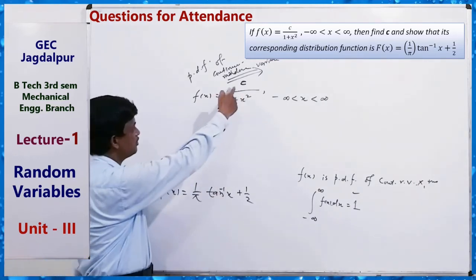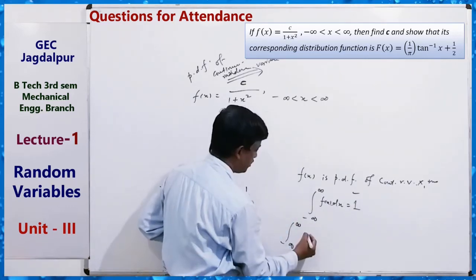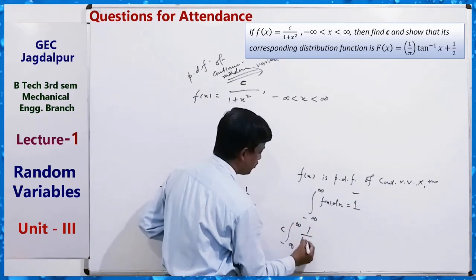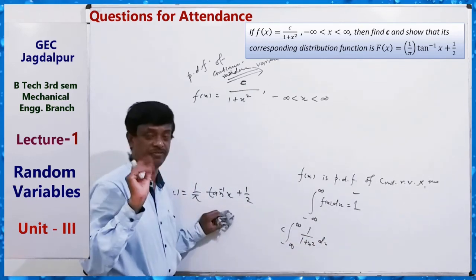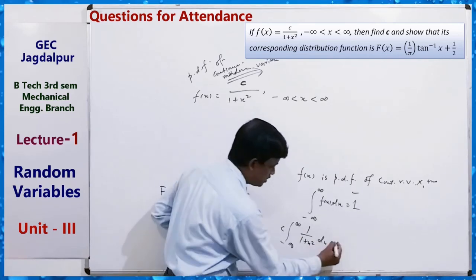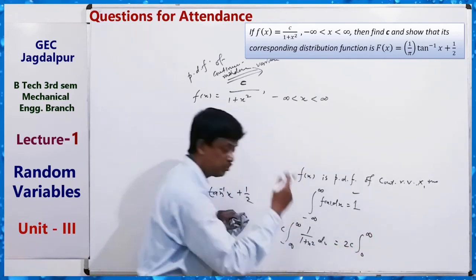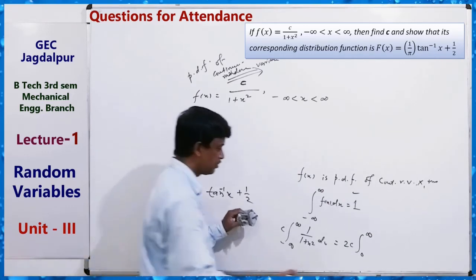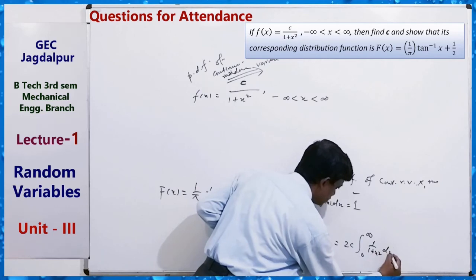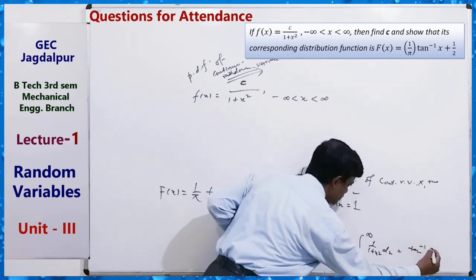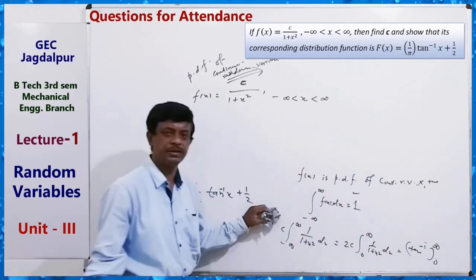So integration of this in place of f(x), minus infinity to plus infinity, c is outside, 1 by 1 plus x square dx. Here x square is an even function. So minus a to a means 2 times 0 to a, 2 times c, 0 to infinity, 1 upon 1 plus x square dx. You can solve it. Tan inverse x, 0 to infinity, you can solve it.